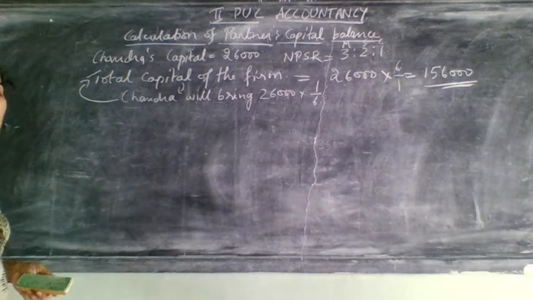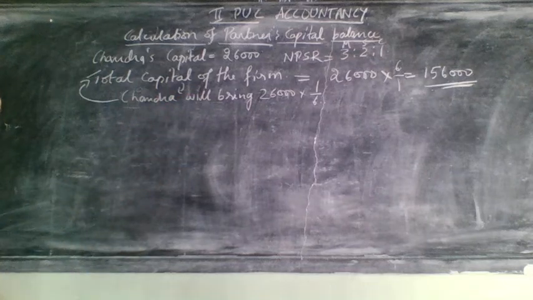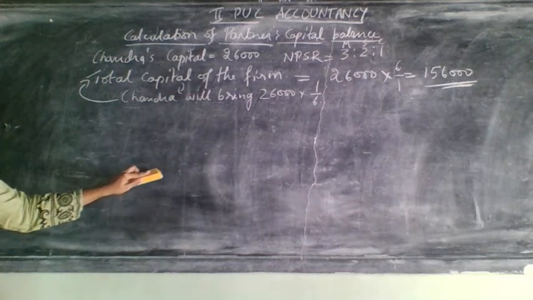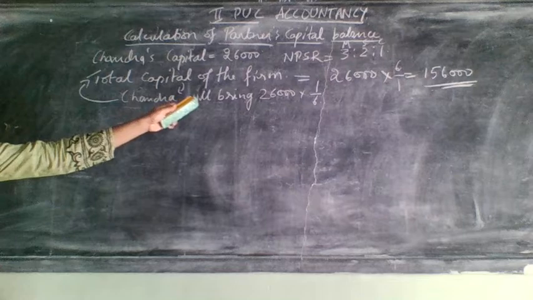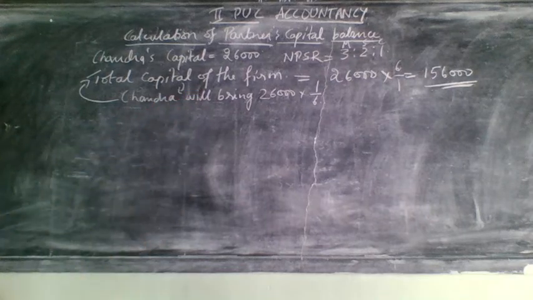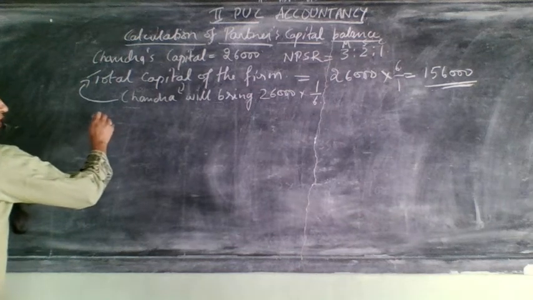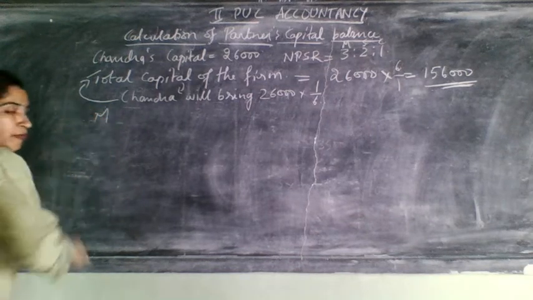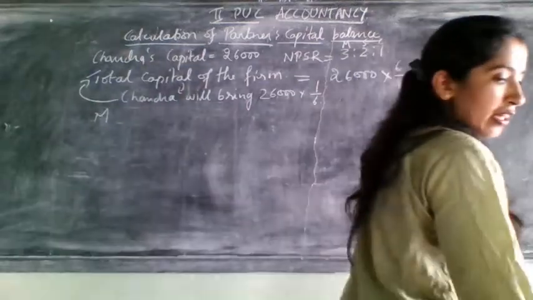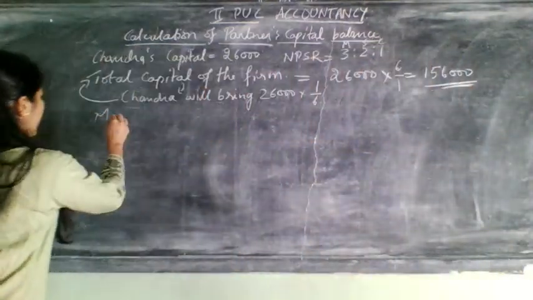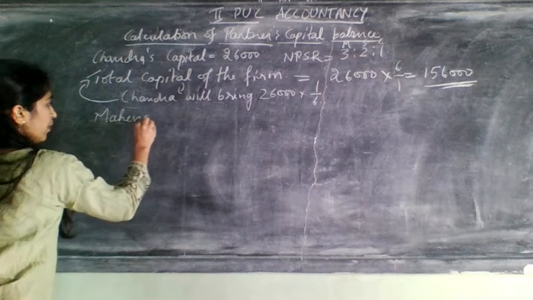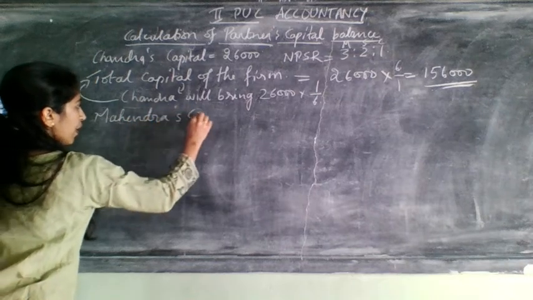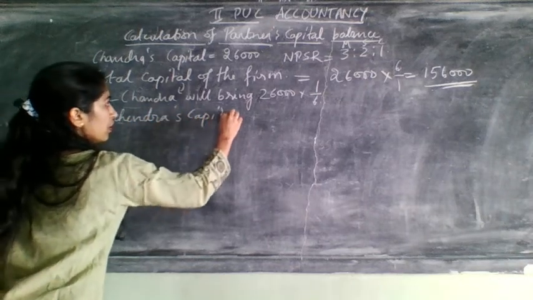Now we will divide this 1,56,000 among the old partners. New partner share will come 26,000 only, but still I will do it and show you how it will come. So first partner is Mahendra. So Mahendra's capital, how much?